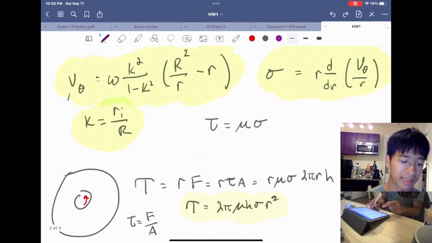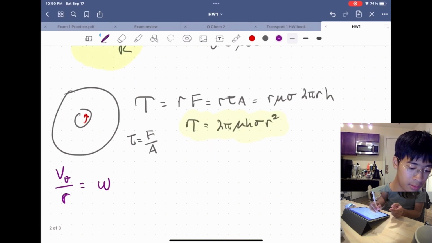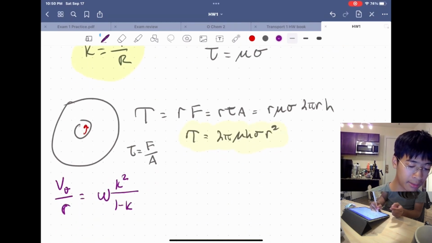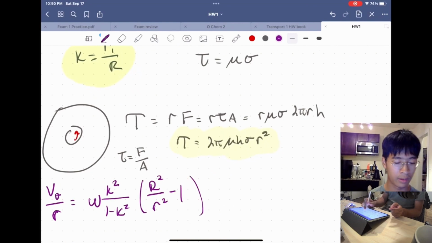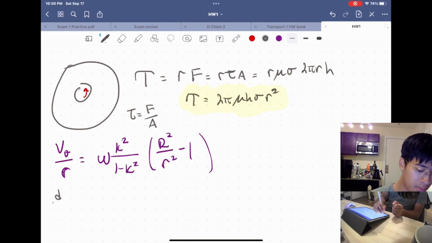So if we divide our velocity profile by R, well, we just have omega k squared over 1 minus k squared times R squared over r squared minus 1. Okay? If you take the derivative, still in purple, take the derivative of that with respect to r.